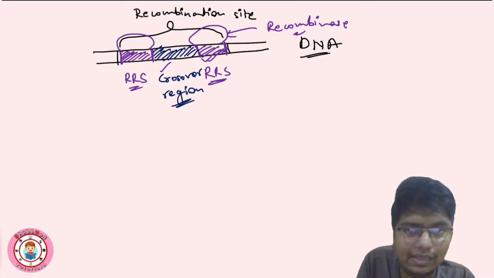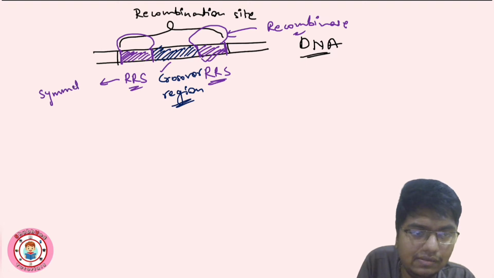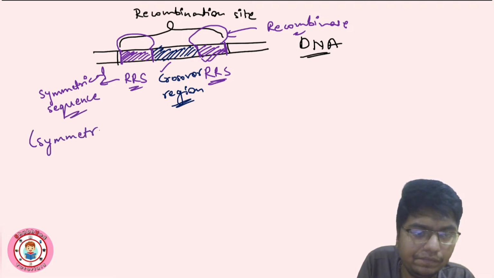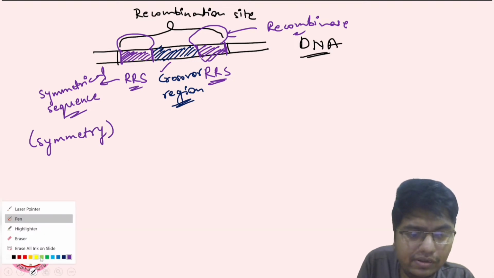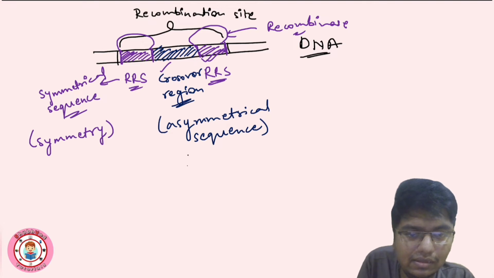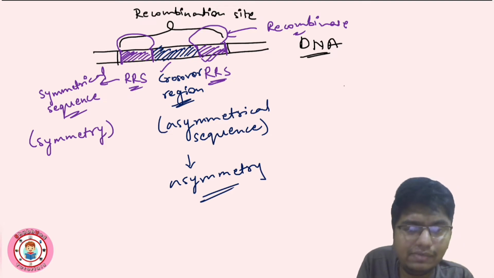This recognition sequence has a symmetrical sequence, and this crossover region is asymmetrical. So how is this asymmetry generated?